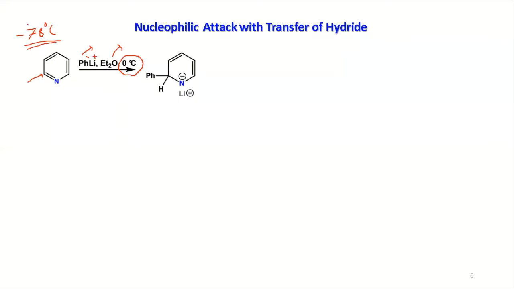At this situation we find that you have two competitive reactions. One is that this is a very, very strong base, so it can act as a base. Another is that it can act as a nucleophile. Now you tell me, between the acid-base reaction and the nucleophilic substitution reaction, which reaction is the faster reaction? Can anybody tell?